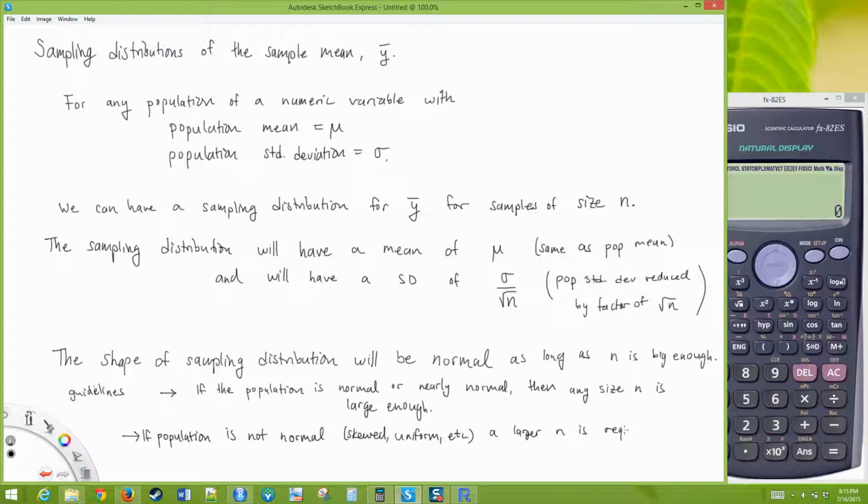And that's also very vague. Okay, generally n greater than or equal to 25 is big enough, or n greater than or equal to 30. Some books will say 30, but in some extreme cases, even larger samples are necessary.